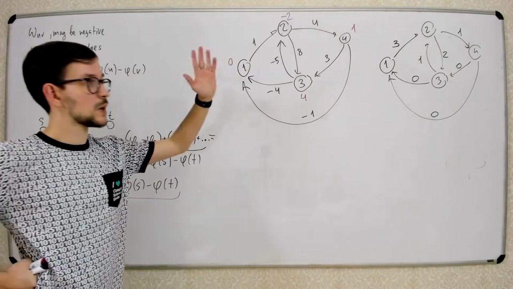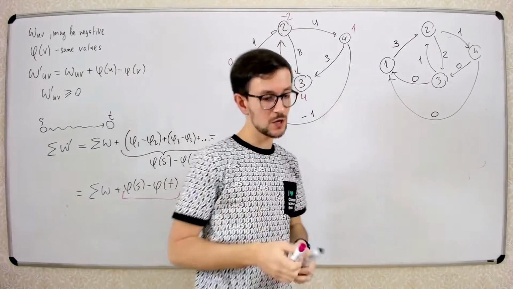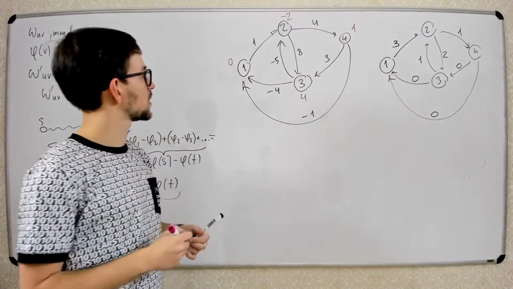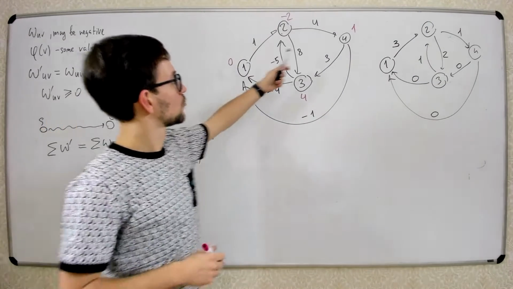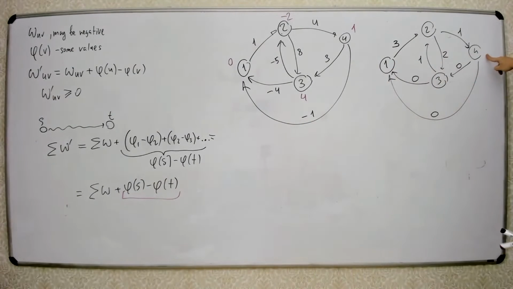That's all. Now we have this graph. In this graph, we can find shortest paths using Dijkstra's algorithm. For example, say you want to find the shortest path from 1 to 4. The shortest path from here to here is this path, 3 plus 1.